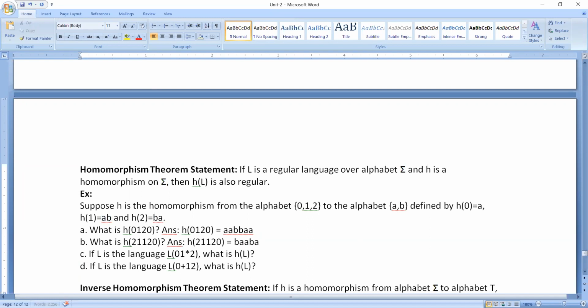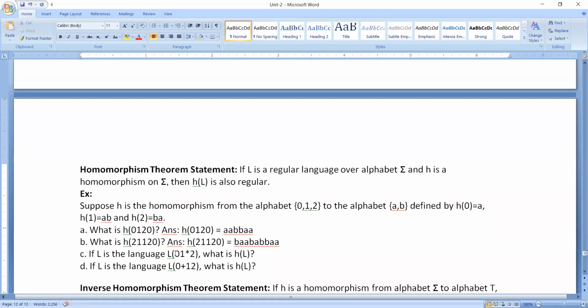Again we have 1, so AB. What is 2? We have BA. And what is 0? The value of h of 0 is small a. This is how we find the homomorphic function for the string 21120.